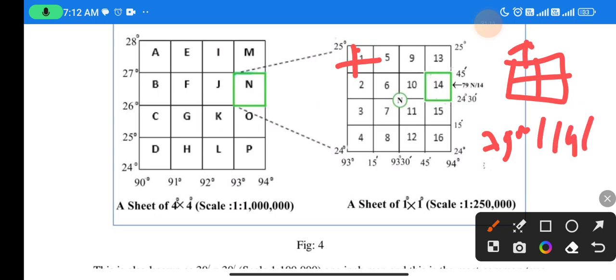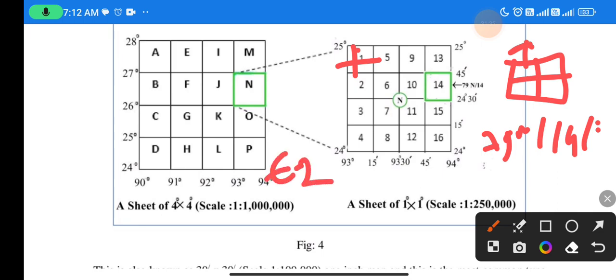So this is northeast. Now what would be the scale? Because the scale of this map is 1 is to 10 lakh, then 2,50,000, and then if we divide it into 4 parts, from 2,50,000 we are getting 62,500.